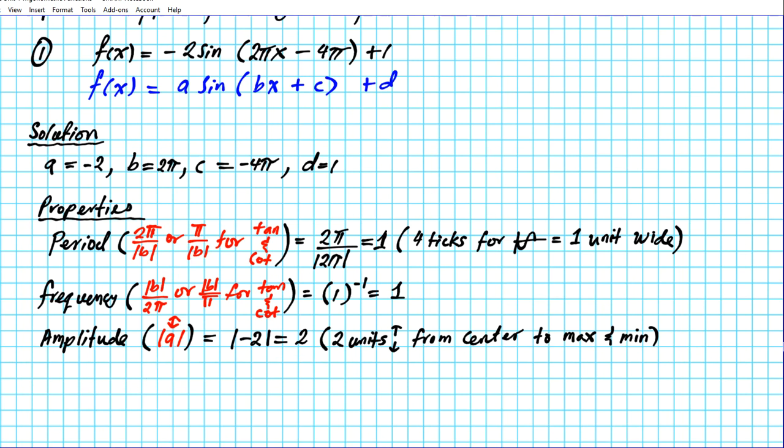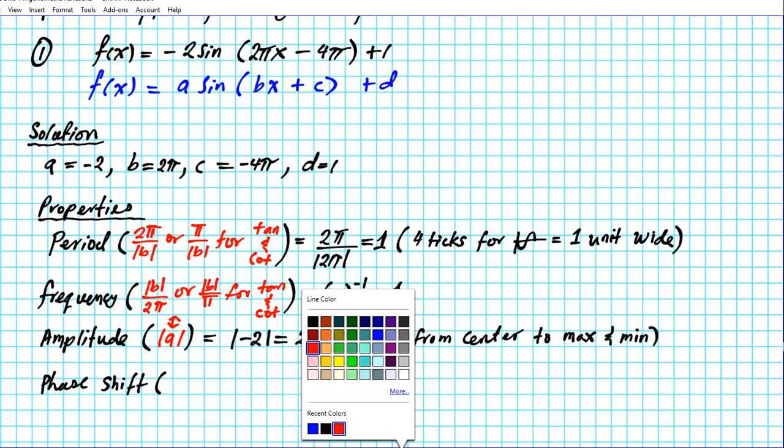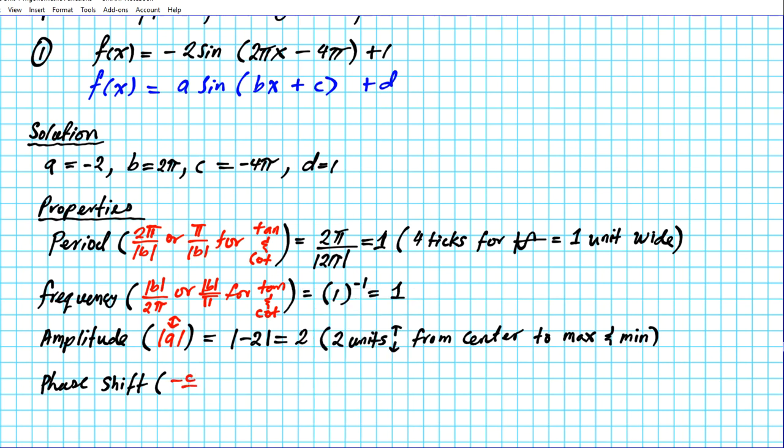All right, now let's take a look at the shifts. Let's start with the phase shift. The phase shift is given by the formula negative c over b.